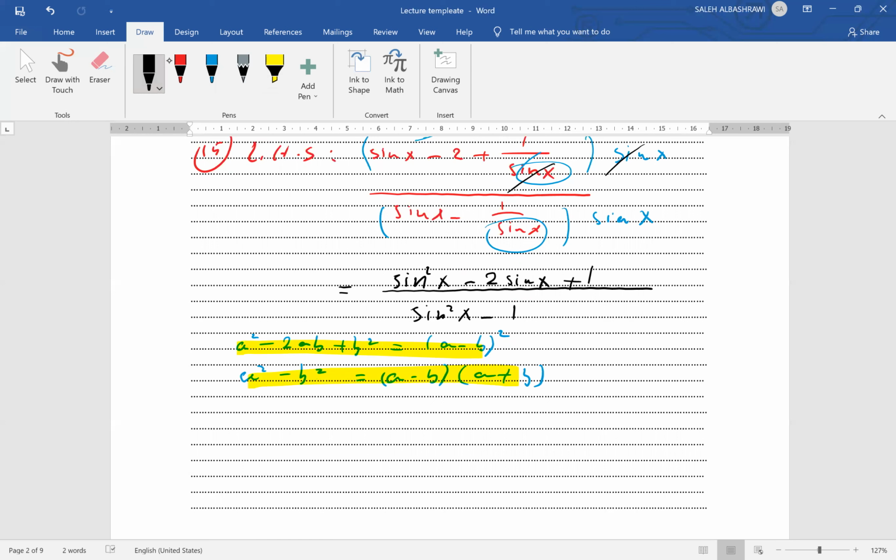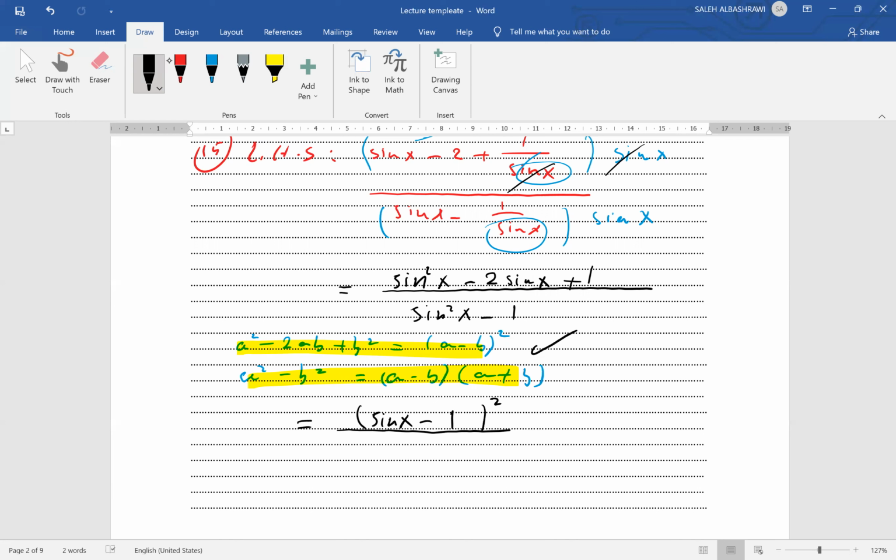So this will give me the numerator. This can be written as a square because this is a perfect square or complete square. It is sine x minus 1 all to the power 2 using the first identity.